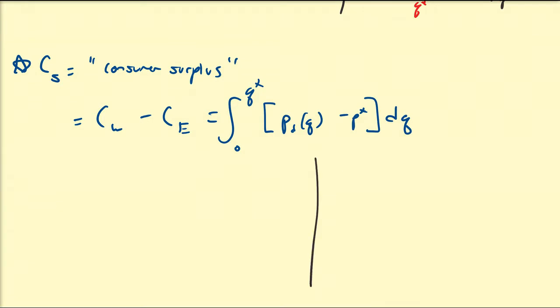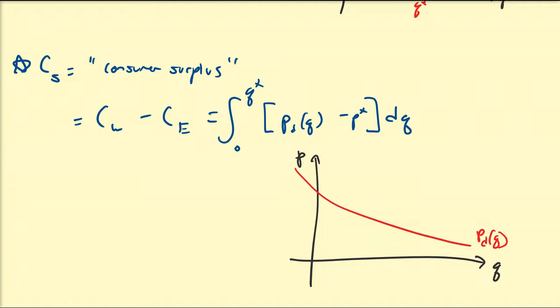If we look at our distribution, Q, P, Q star, P star, CS is going to be this region. This is going to be my CS, my consumer surplus.